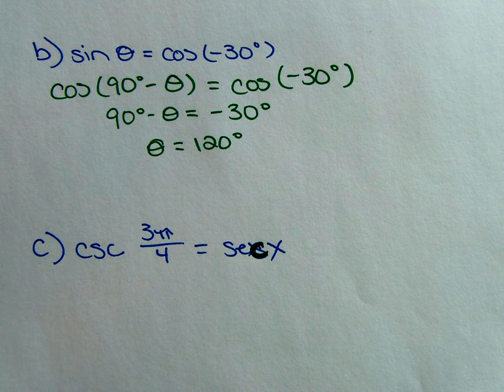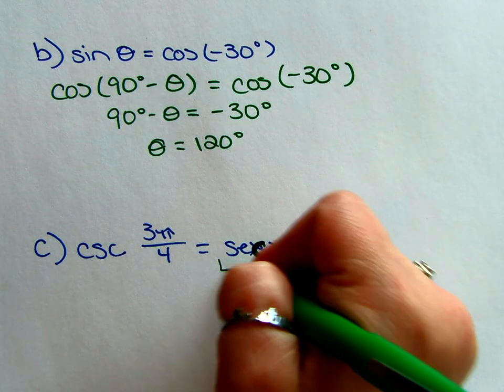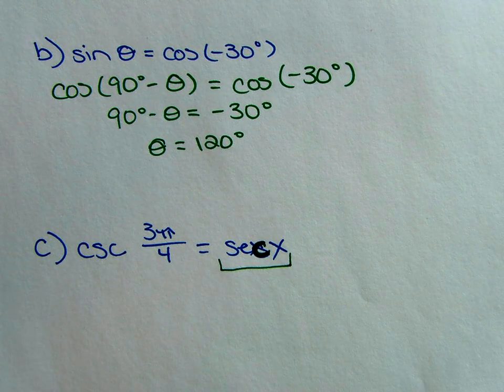So for the last one, we are given cosecant of 3 pi over 4 equals secant of x. So it's the secant of x side over here that we're going to end up changing. Okay?